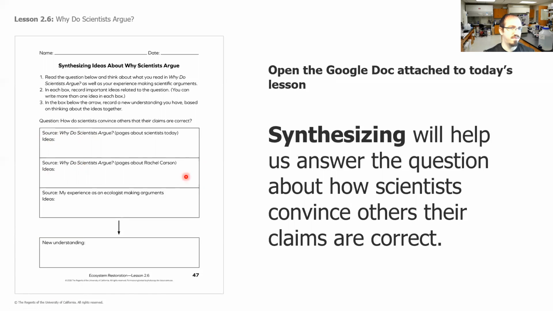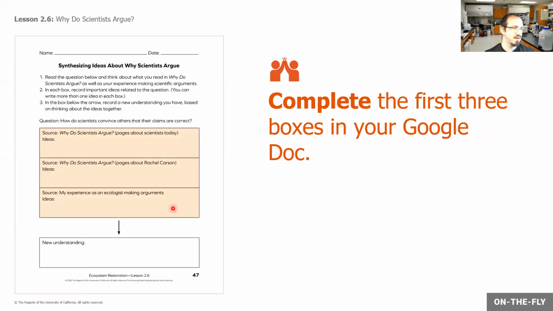Then in the final box, you're going to think about your experiences making arguments about ecosystems and record your ideas about how you convinced others that your claim was correct. So right now, go ahead and complete those first 3 boxes in your Google Doc.